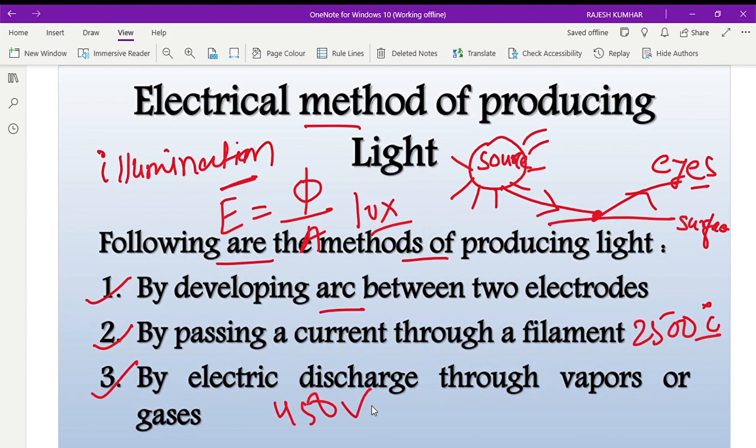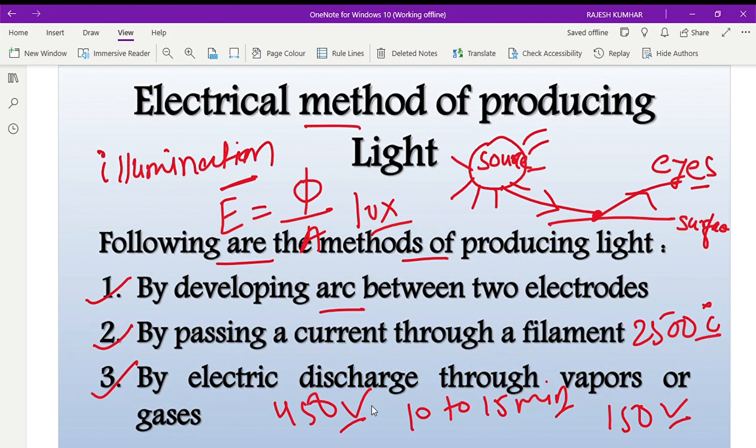Suppose 450 volts is required to start, and after starting, within 10 to 15 minutes the voltage falls to 150 volts because of low power factor.